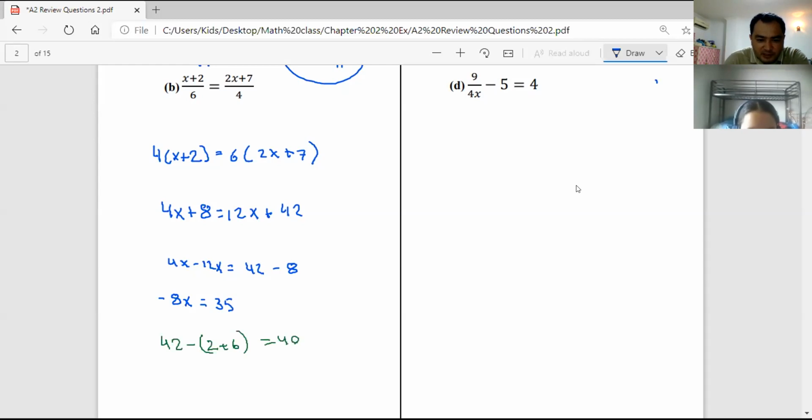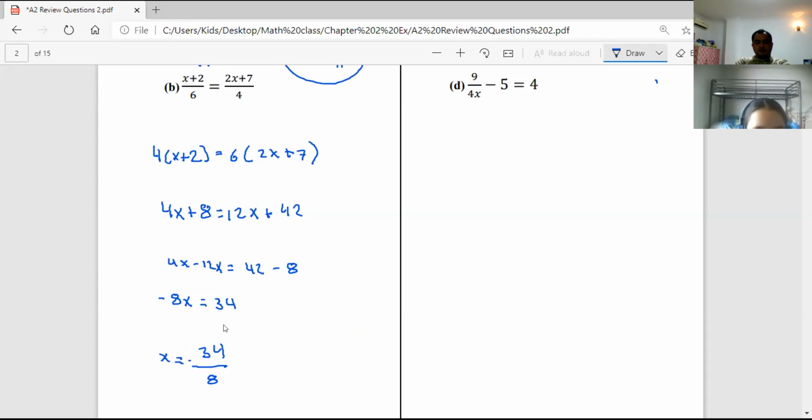And from 40, we have minus 6. 40 minus 6 is 34. 34, not 35. So x equals 34 over negative 8.